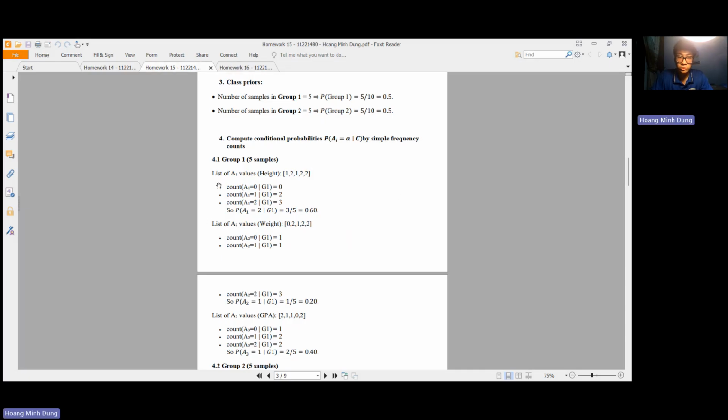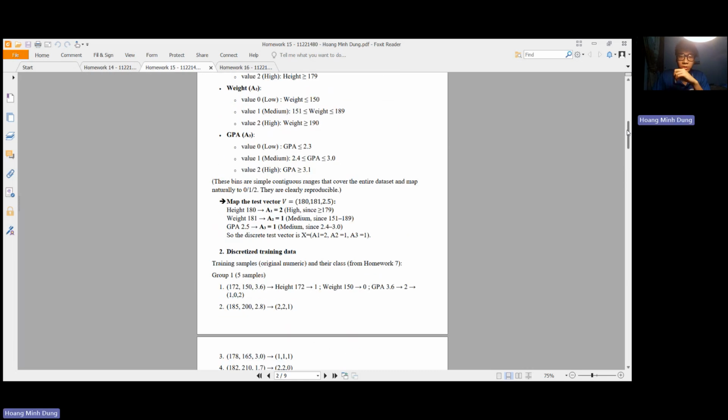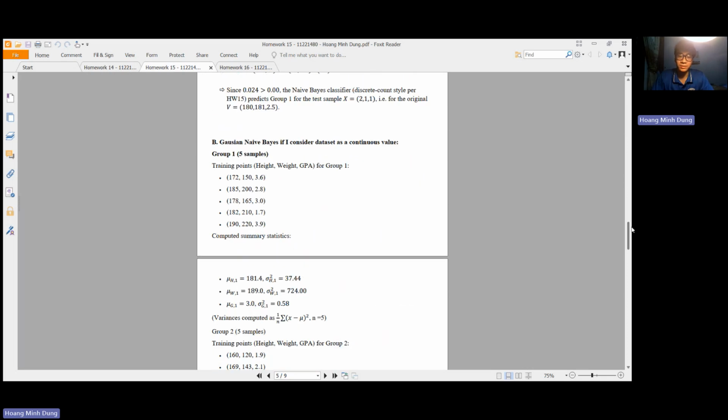Actually, in the homework, I have done two methods, depending on whether the dataset has discrete values or continuous values. I used discrete Naive Bayes to deal with the frequencies when the dataset is discrete, and if the dataset has continuous values, I used Gaussian Naive Bayes.